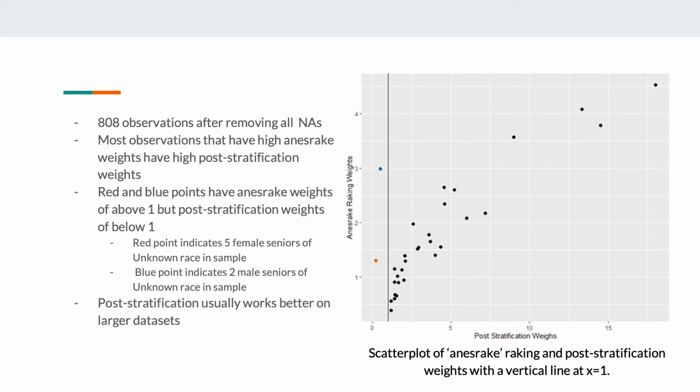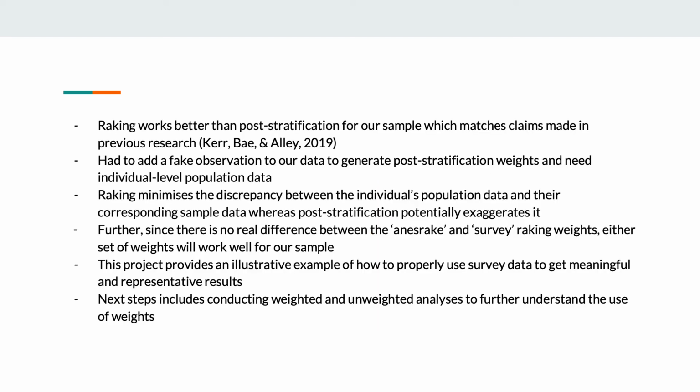As post-stratification is usually meant to be used on datasets for a large sample and population, we think that the cell counts in our sample and population for these two categories were simply too small to align, resulting in the discrepancy between the anesrake and post-stratification weights. Overall, our findings agree with previous research that raking is the superior weighting technique for small sample sizes.